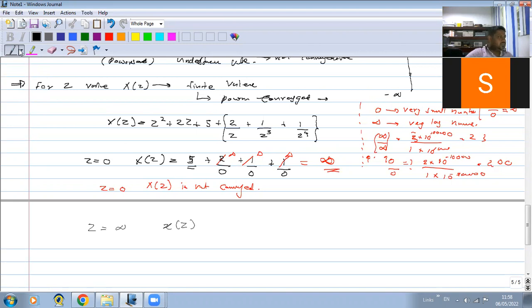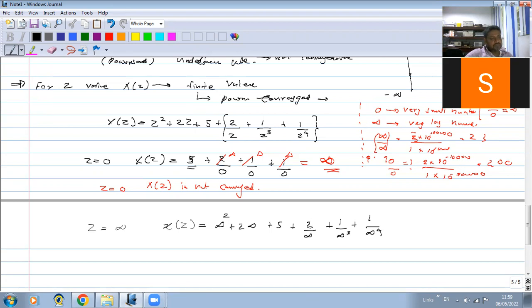What we have to do is substitute this infinity into this power series. So z is now infinity, so you have infinity squared plus 2 infinity plus 5 plus 2 divided by infinity plus 1 divided by infinity to the power 3 and 1 divided by infinity to the power 4.